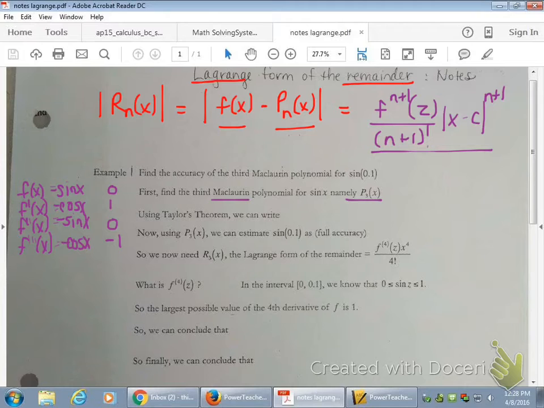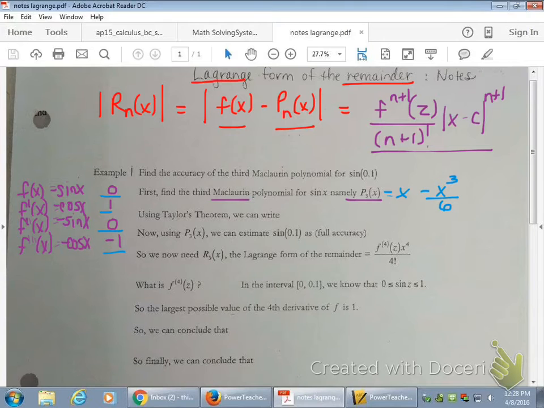I know that the formula, that would be 0 plus x plus 0 times x squared over 2 factorial minus x to the third over 3 factorial, which is 6. So that's what we're going to approximate P3 of x. That's the polynomial where the degree is 3, and we found 3 derivatives.